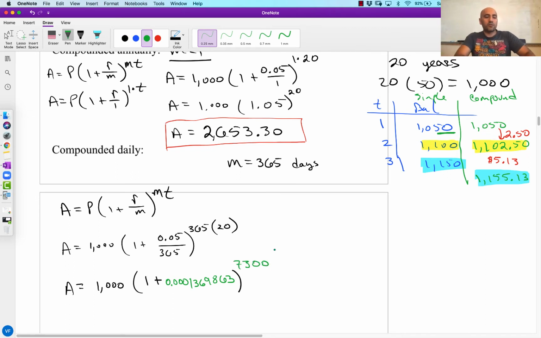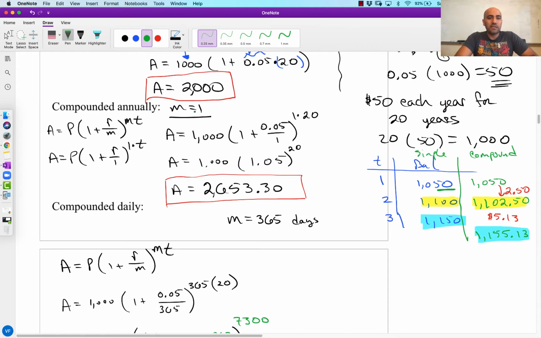Okay, now let's notice what we've done here. Up here, when m was equal to 1, where we were just compounding annually, we got to this point, and we had 1 plus 0.05 to the power of 20. And so the 0.05 was the interest rate per year times 20 years. These two match. This was in years, this was in years.